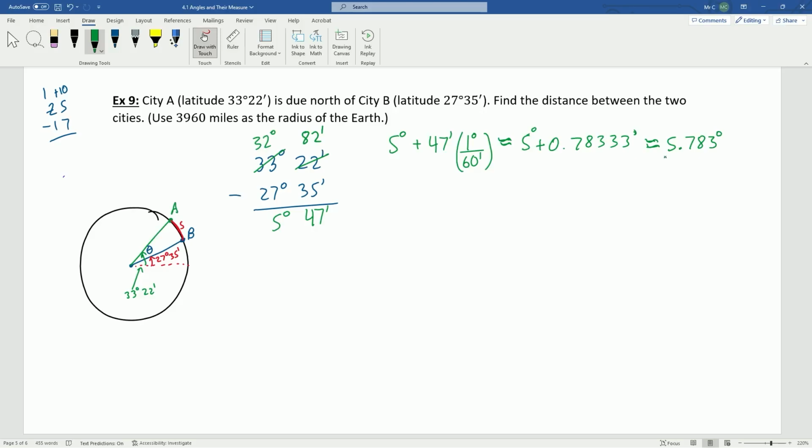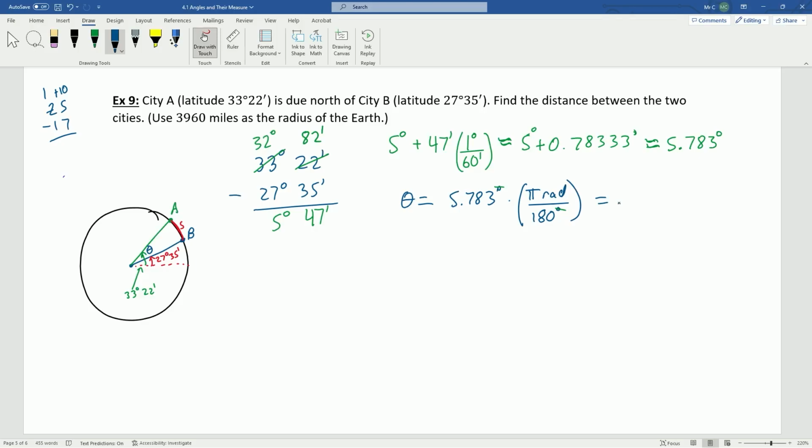Okay, now I need to convert this to radian measure. So now we're finally going to write theta in radian measure. That's 5.783 degrees times pi radians divided by 180 degrees. Of course, our degrees will cancel, and we'll be left with radian measure.